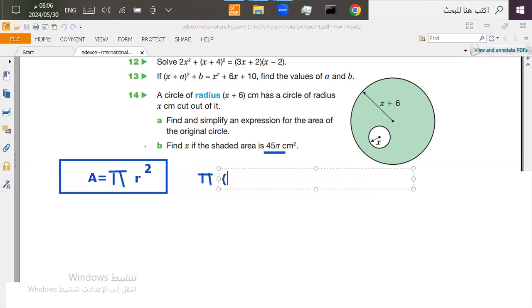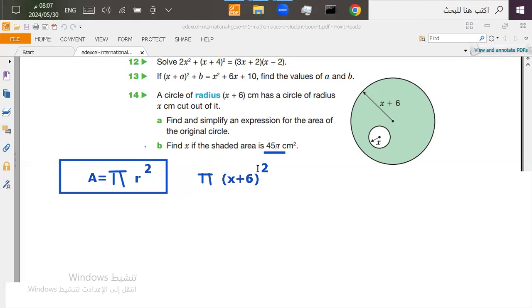I write it in brackets like this, x plus 6 squared, because this is the radius of the circle and the radius is squared in the area. So pi r squared. That's the first step.